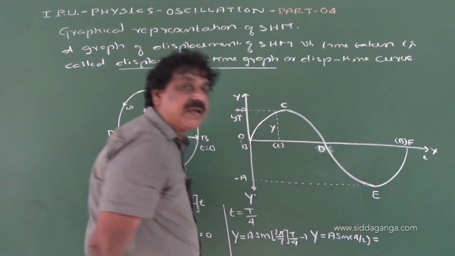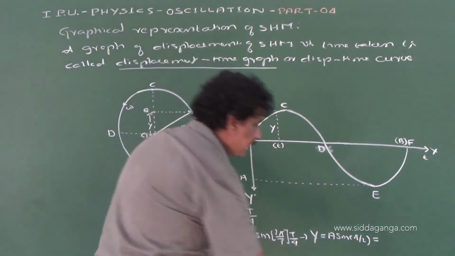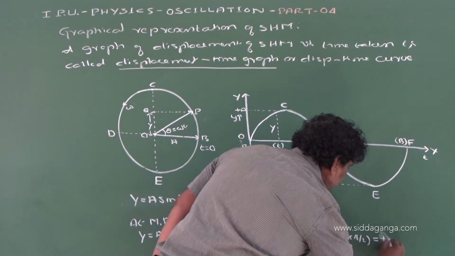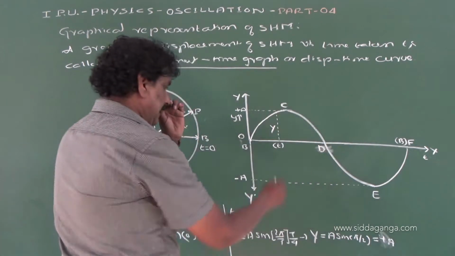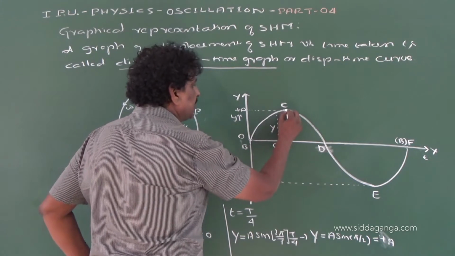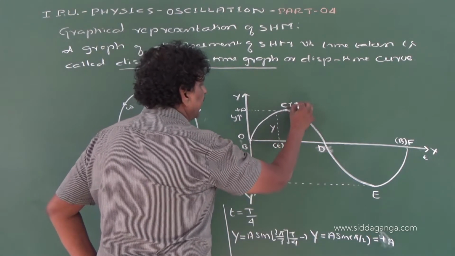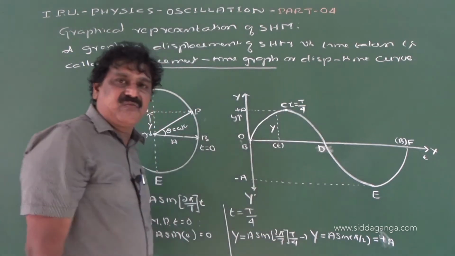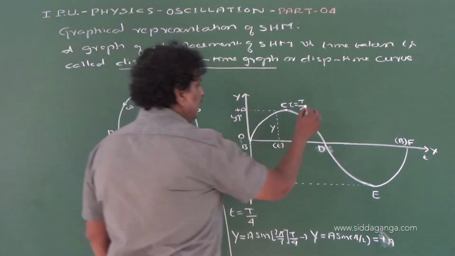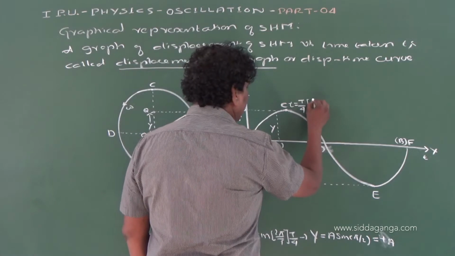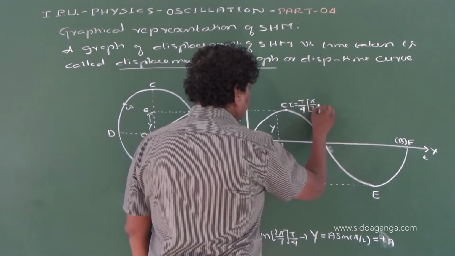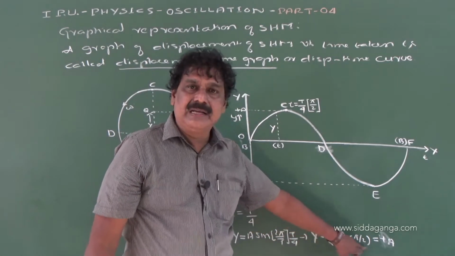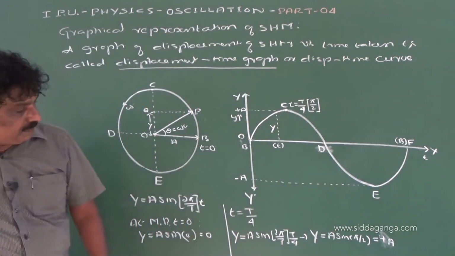Sine pi by 2 is equal to plus 1, so y is equal to plus a. That is, at this position, the time taken is t equal to T by 4, and the angle covered is pi by 2. See here, the angle covered is pi by 2.